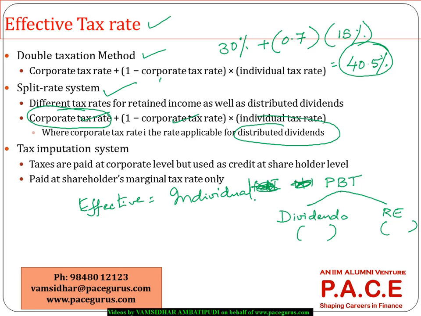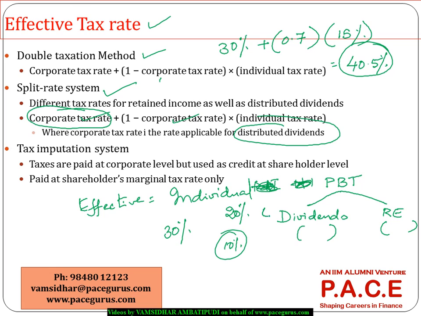So if the company has paid more than the individual's tax bracket, the individual can get a refund on it. If the company has paid less than the individual's tax bracket, he will have to pay the balance for it. Let's say a company has paid a corporate tax rate of 30%. If the individual's tax bracket is 20%, he will get a refund of 10%.